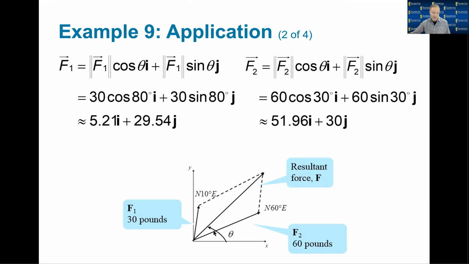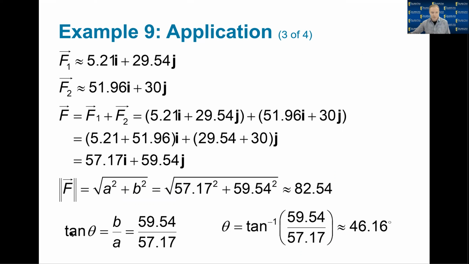Just by looking at it, it looks like approximately a 45-degree angle if I had to guess, but I don't have to guess, because with our tangent formula, we know that the tangent is going to equal the vertical divided by the horizontal. This is the vertical component, and this is the horizontal component. So the tangent is equal to 59.54 over 57.17.